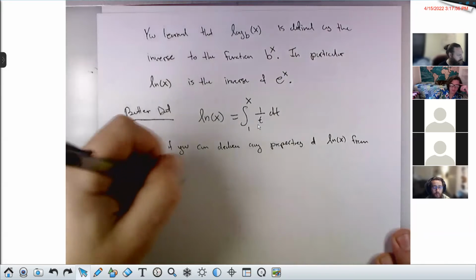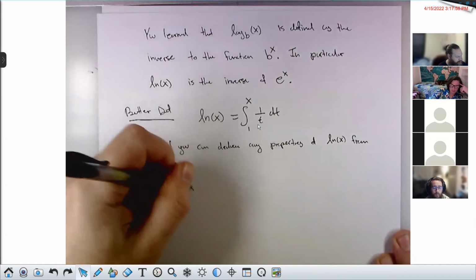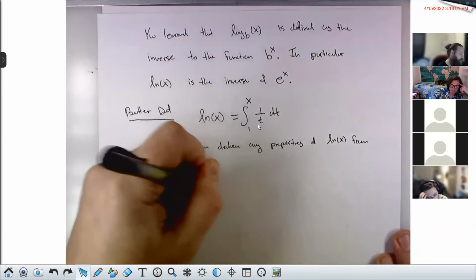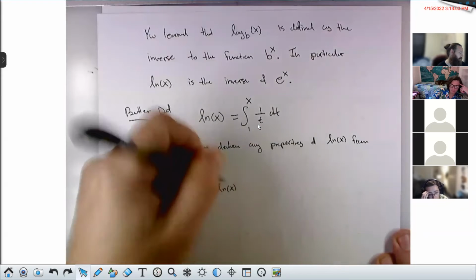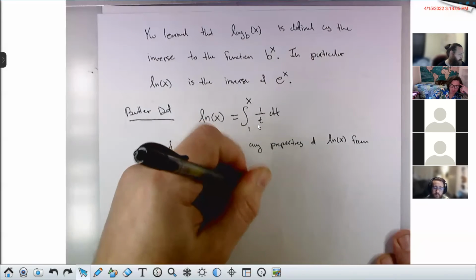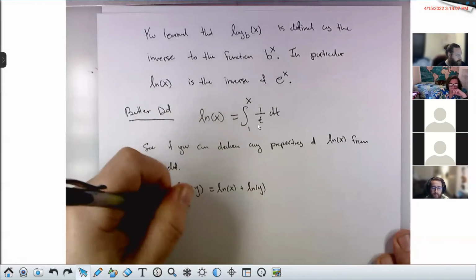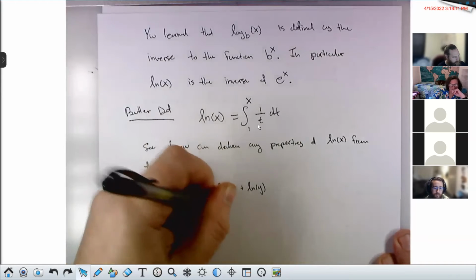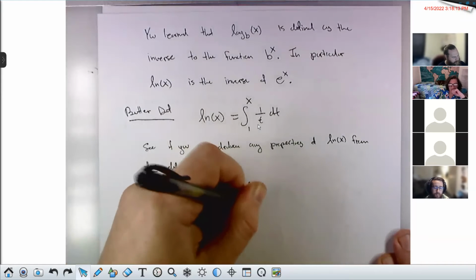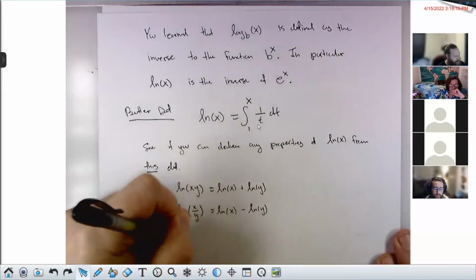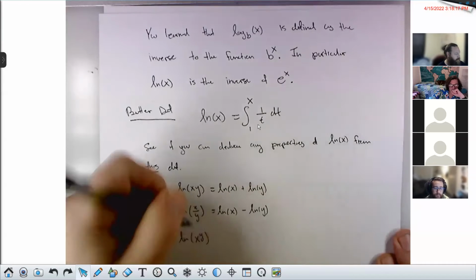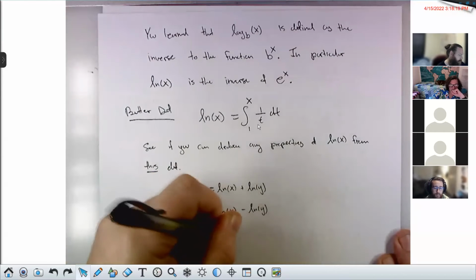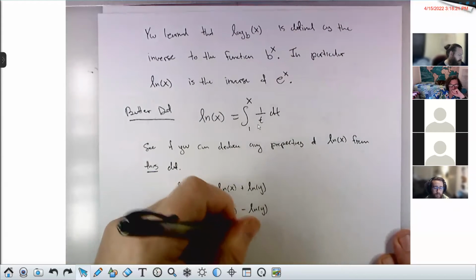And remember, the properties we're talking about are things like ln of x times y is ln of x plus ln of y, ln of x over y is ln of x minus ln of y, and ln of x to the y is y times the natural log of x.